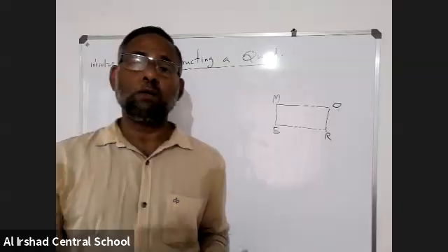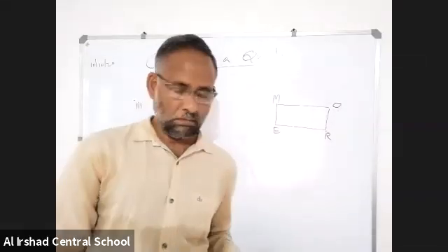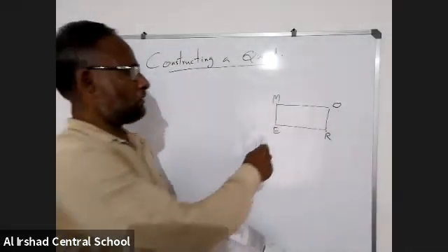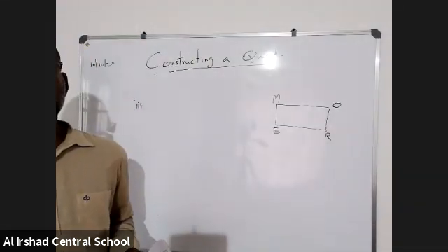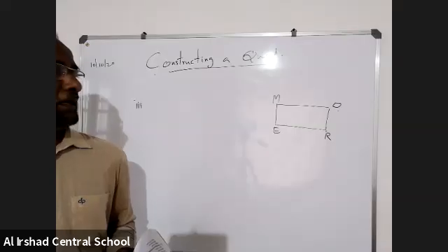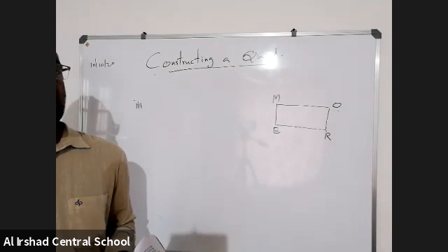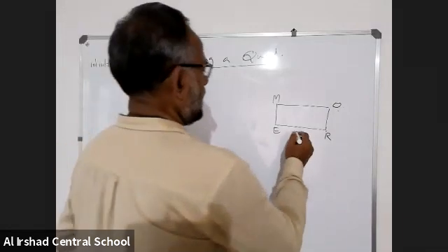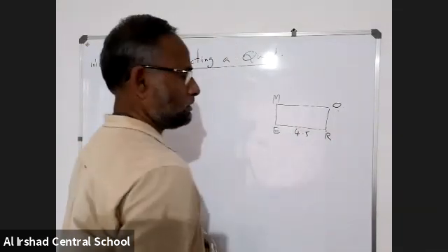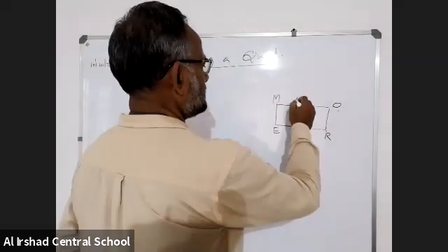Tell me how many centimeters MO is. 4.5. Why 4.5? Because ER is equal to 4.5. It is a parallelogram, so opposite sides are equal.